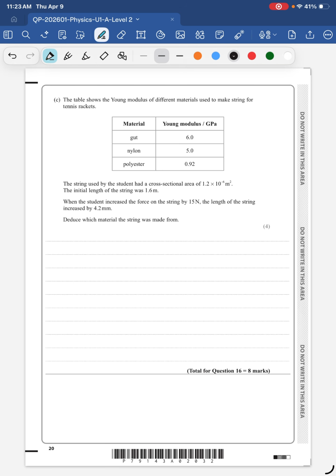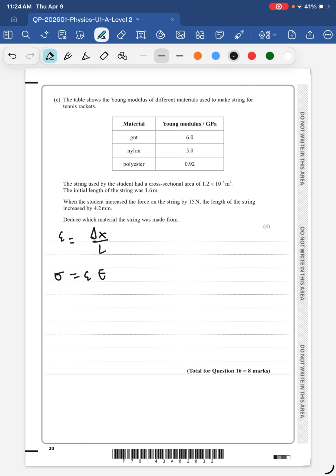Okay, we're going to use the same ideas as we used in section A. That was a similar question. So strain is delta x over L. And then stress is strain times the Young's modulus.